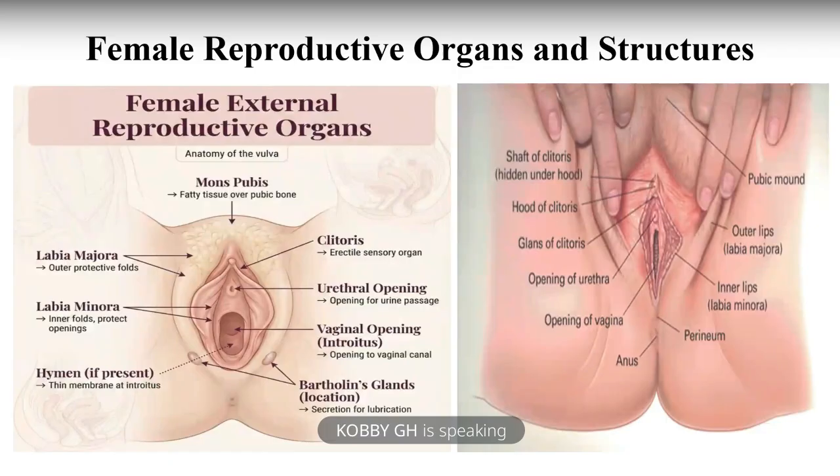Some women may experience vaginal pain during that process, but the problem itself is not coming from the vagina. It's coming from the menstrual cycle process. All right, that is fine.